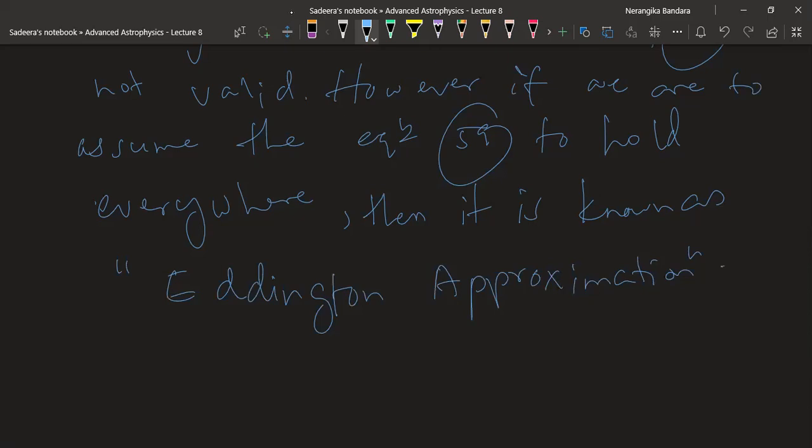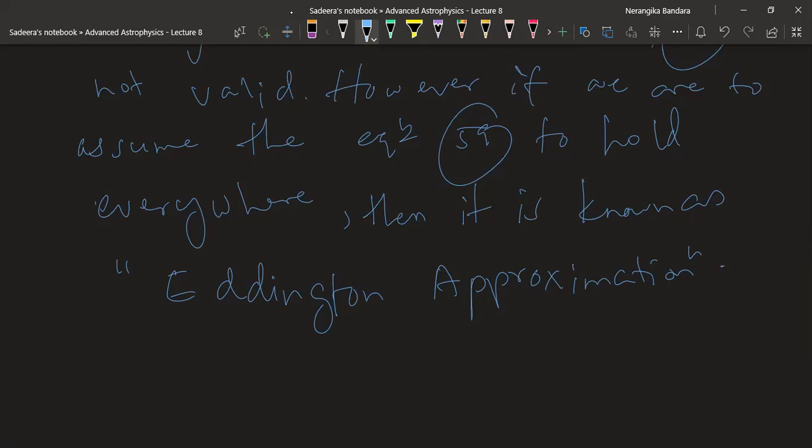Let me summarize what I just said. We can use equation 59 deep below the surface because there you just have isotropic radiation according to equation 50. But just below the surface it's not isotropic radiation, so equation 59 is not valid straight away.